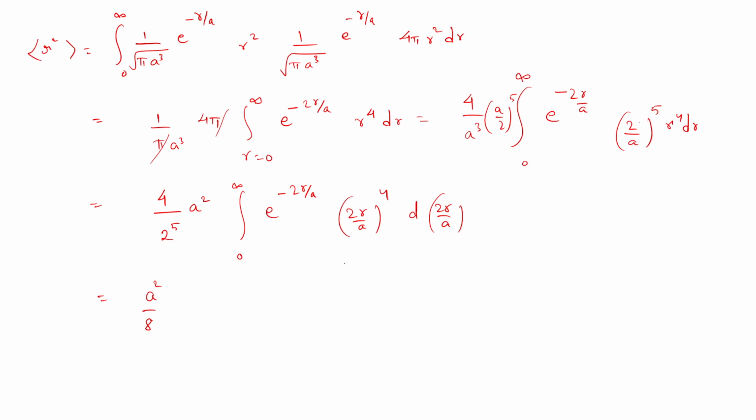and what we have is, we substitute x is equal to 2r by a, so the integral from 0 to infinity of e to the power minus x, and this will be x to the power 4 dx. So this function is the gamma function, and it is nothing but 4 factorial, a square by 8 into 4 factorial. Okay, so it is the gamma function.